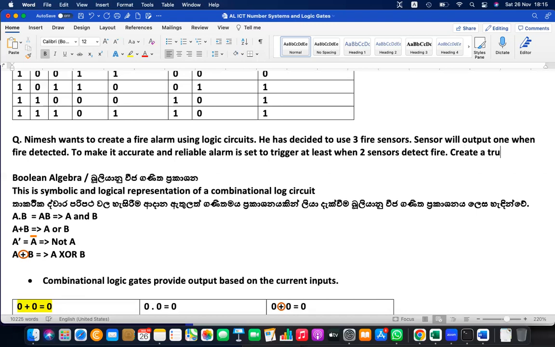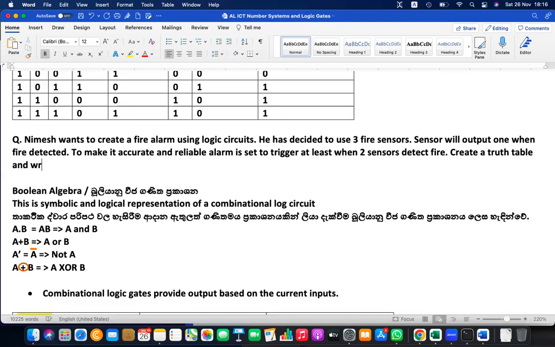Create a truth table and write a Boolean expression to assist Nimesh.